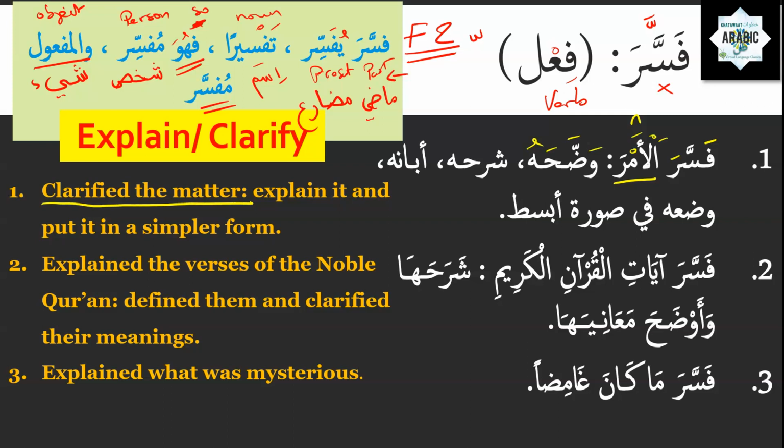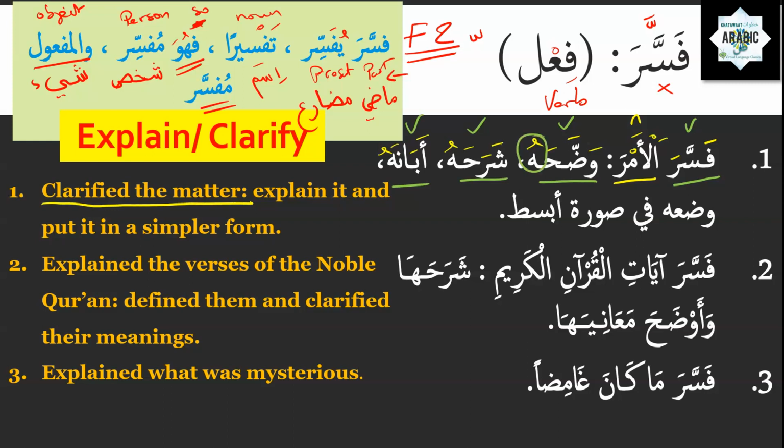I will just put the short cases on the rest of the verbs. Waddahahu, sharahahu, abanahu. So the verbs we have here are synonyms to the verb clarify in Arabic, fassara. So you have fassara, fi'al, waddaha, verb, sharaha, verb, fi'al, abana, also fi'al.